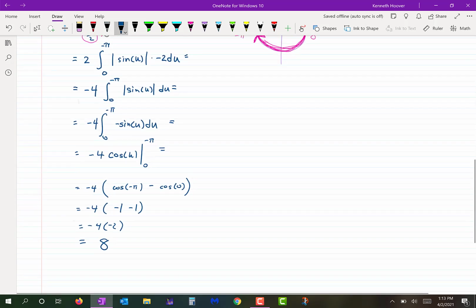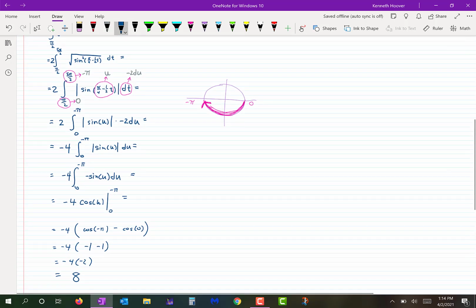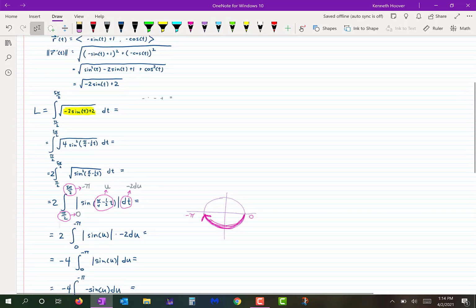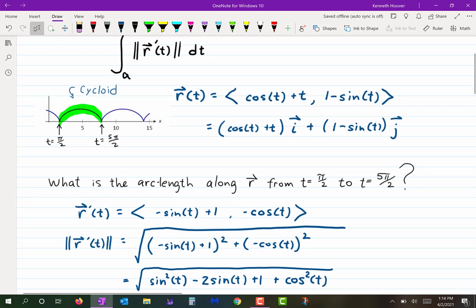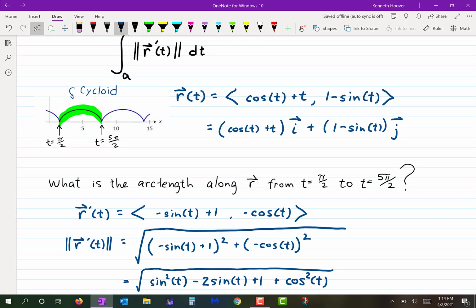It's a long problem, but it wasn't difficult. Let's go back up here and let's look at our original question here. And the answer is that if you walked along that one hump of the cycloid, you would walk 8 units of distance. And that's how you do arc length.